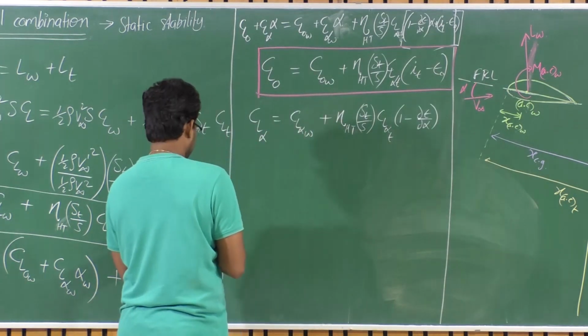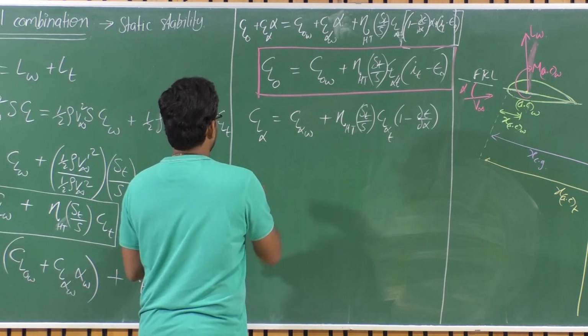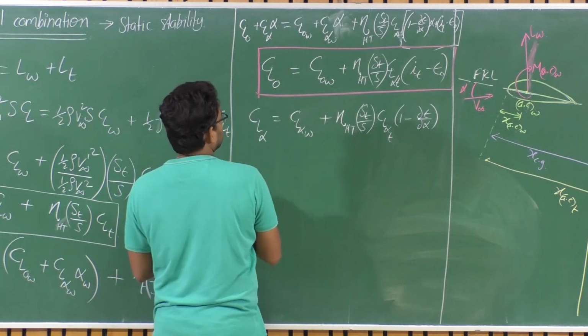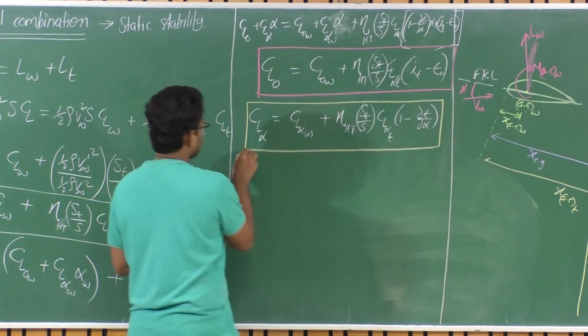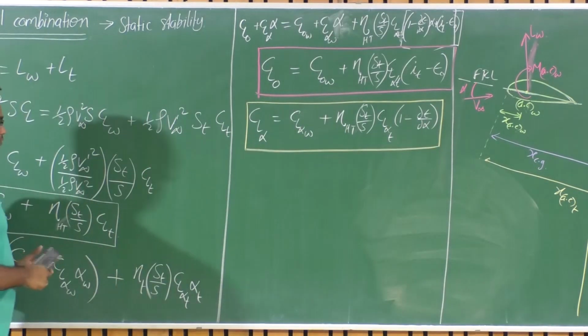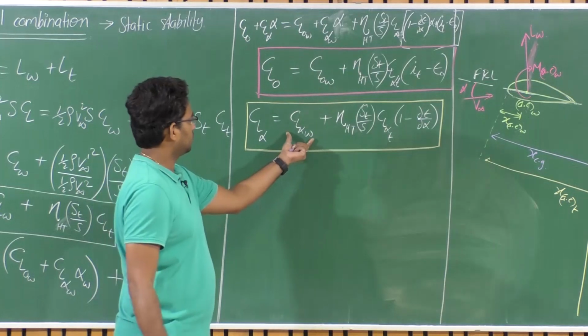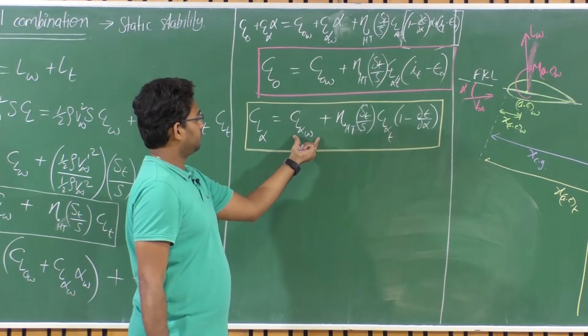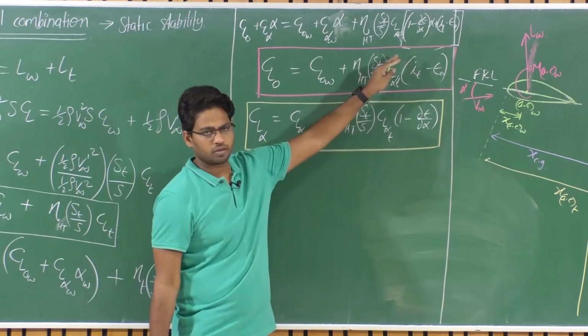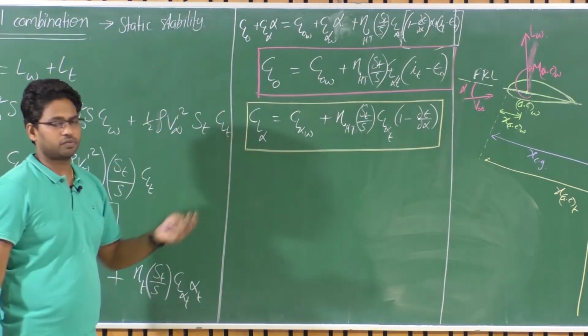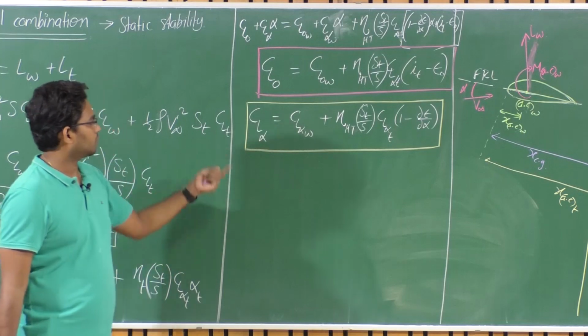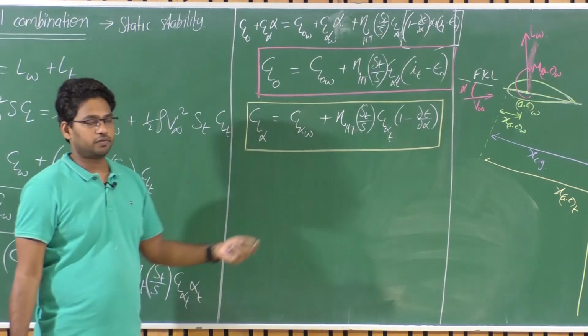This is the contribution from the tail in the wing and tail combination. So for a wing alone, these two terms disappear, isn't it? So we just have this for the wing alone. Total aircraft CL naught is wing CL naught, and total aircraft CL alpha is wing CL alpha.